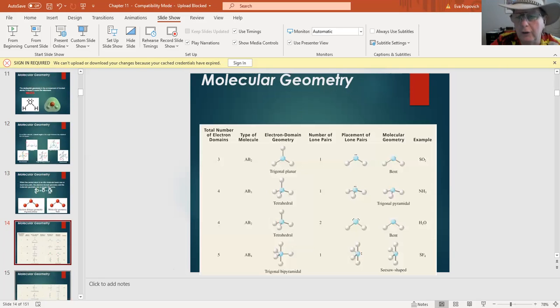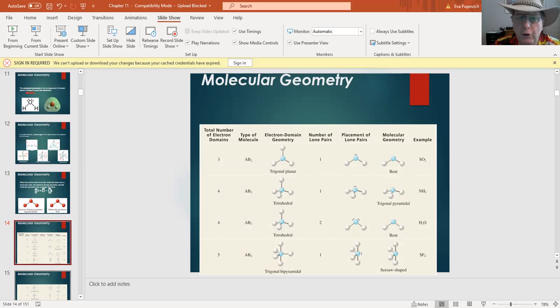Very good slide. I showed it in the lab. I'm showing it again tonight. Okay, first of all, write this down. I probably should put this on a slide. If there are no lone pairs, then electron geometry and molecular geometry are the same.